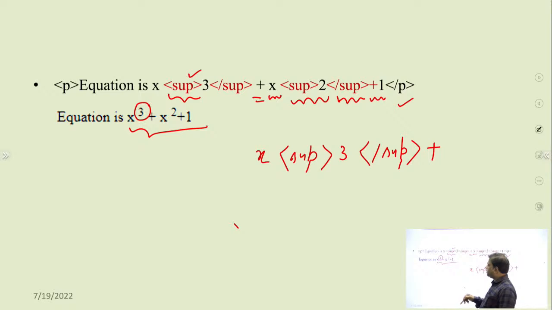So this will produce the output x cube plus x square plus 1. So in this way we can write any complex equation by using the subscript or superscript tag, which are very important to write. So it's an important one.